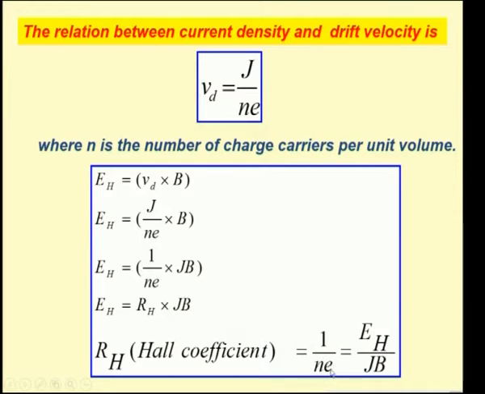So, if e is for holes, it will be positive here, and if e is for electrons, it will be negative here, otherwise the magnitude is the same. So, if you can work out RH from these measurements, then N can be obtained. It is a very important application of the Hall effect, that is, carrier concentration and type of carrier can be studied.